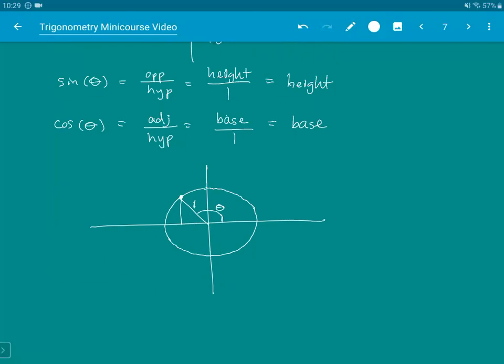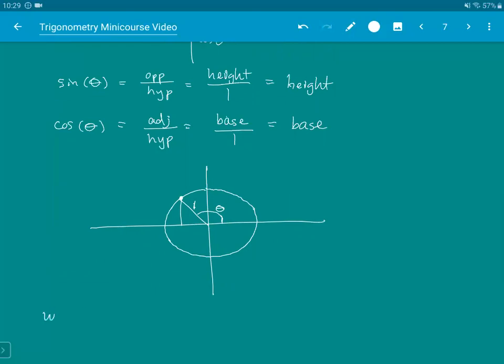Now, what is the x-coordinate and what is the y-coordinate of this point? So we will define them to be cosine of theta and sine of theta. In other words, cosine of theta is the x-coordinate of a point whenever the angle is theta.